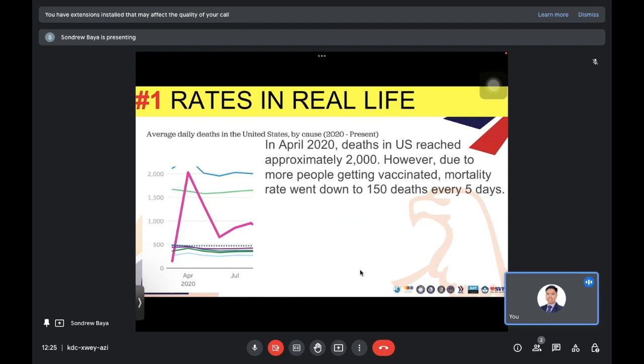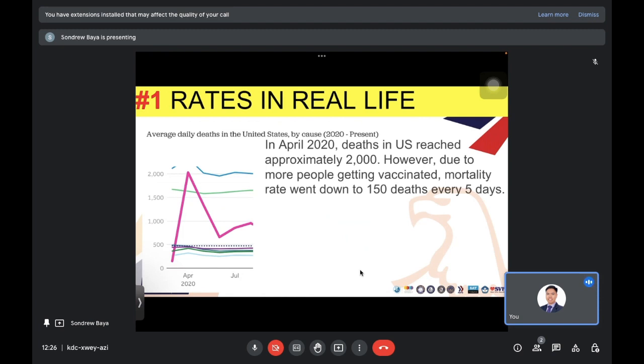However, due to more people getting vaccinated, the mortality rate, which means death rate, went down to 150 deaths every 5 days. So if we look at it, this tells us that the mortality rate is going down to 150 deaths every 5 days.